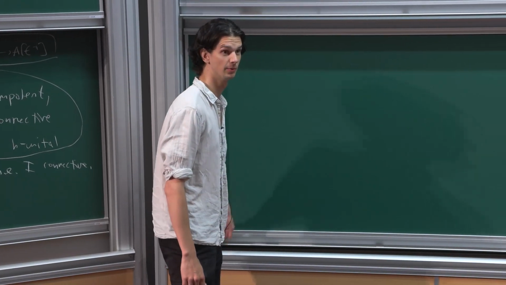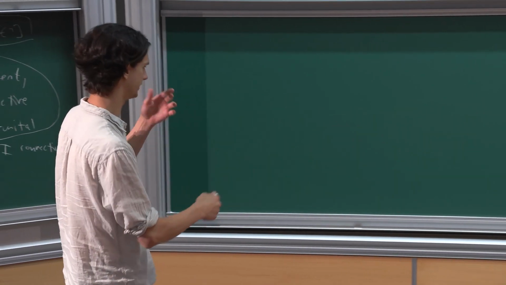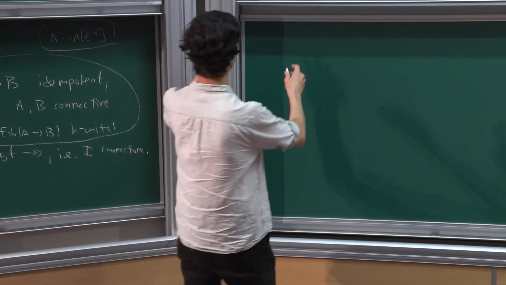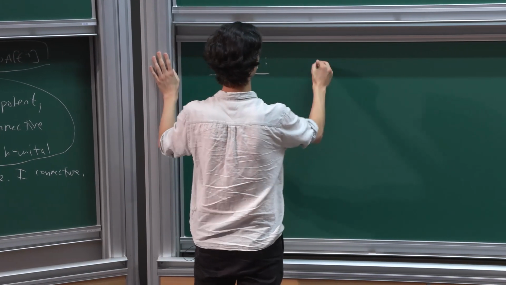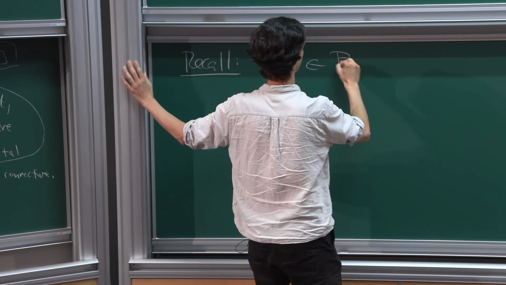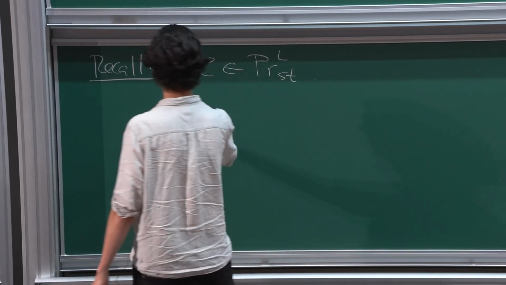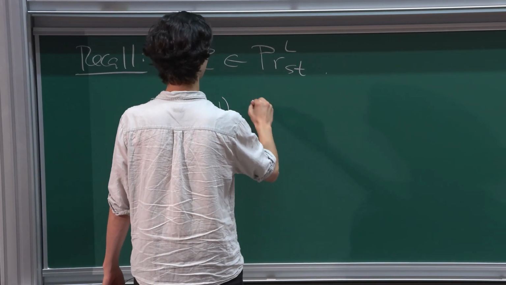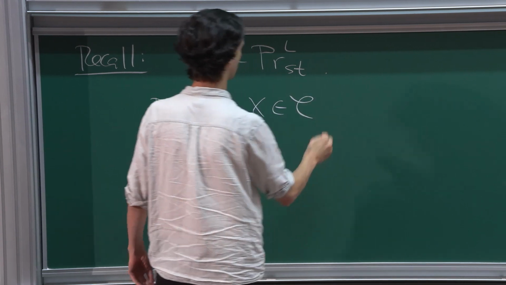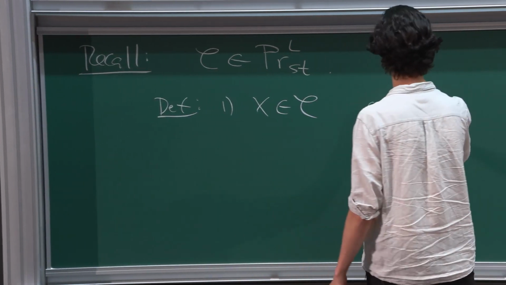Okay, so we're going to continue. We're going to pick up where we left off from looking at dualizable categories from an internal perspective. So recall, for C in PRL stable, we have the definition. I'll rephrase the definition of a compact object in a very slightly non-standard way.